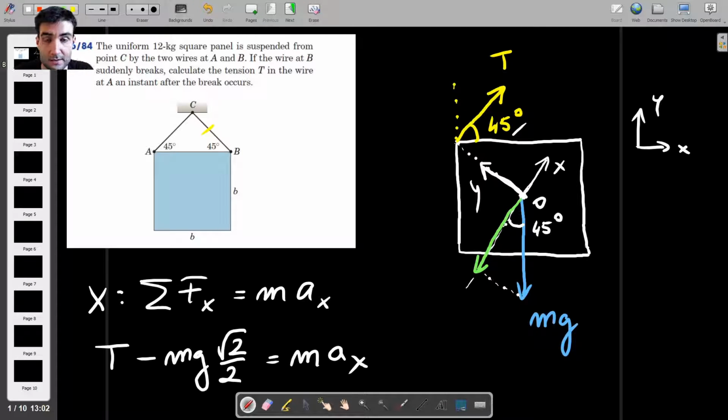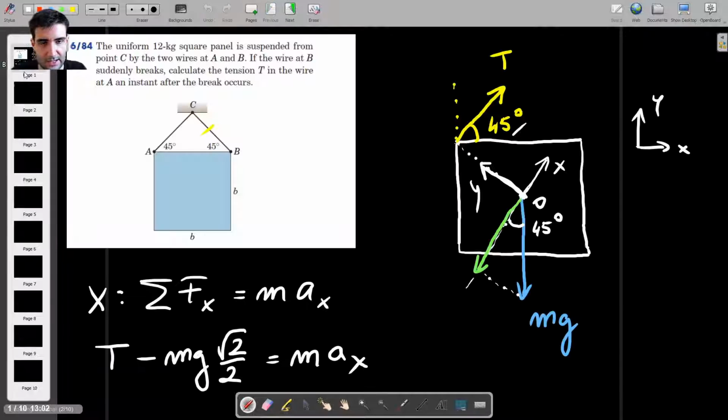Okay, and the other thing I'll do is I'll write the equation of motion in the y direction. So along the y direction, what I have is only one component of weight, right? There's nothing in terms of tension because tension is purely in the x direction.